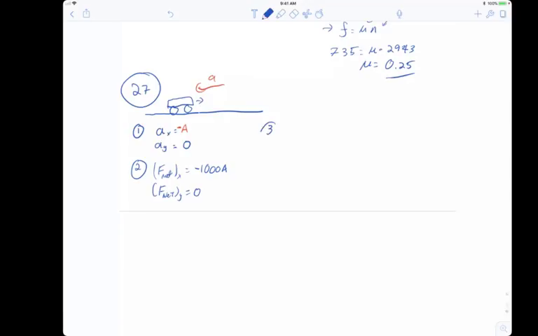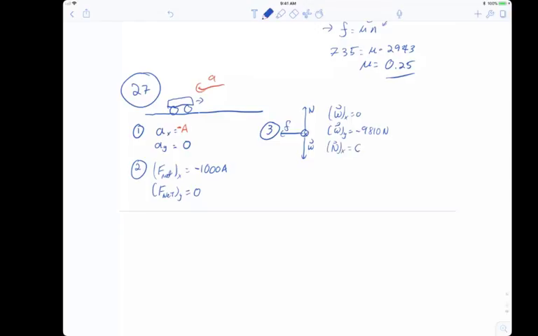3. Let's map out all the forces. You got the force of friction, you got the normal force, and you got the weight. The weight in the x direction is 0. The weight in the y direction is minus 9810 newtons. Normal force, I don't know how big that is.